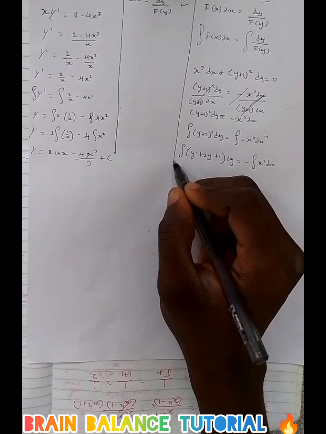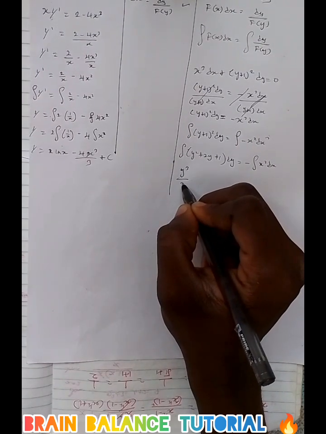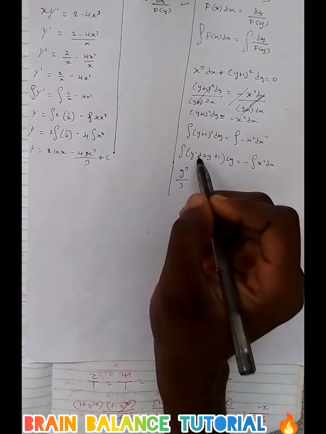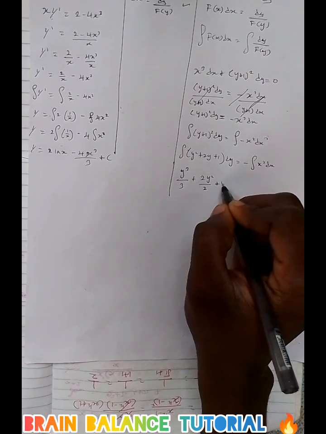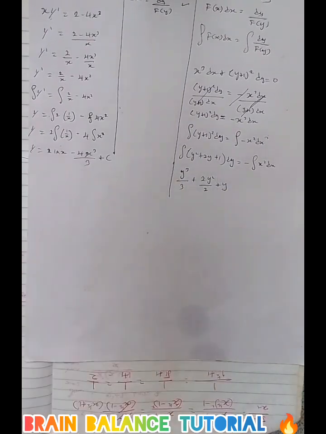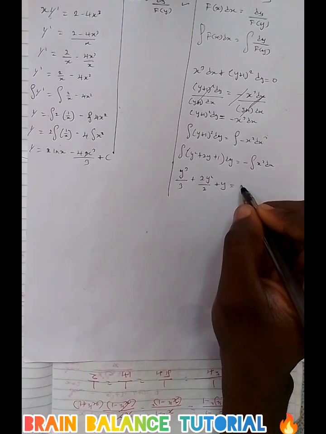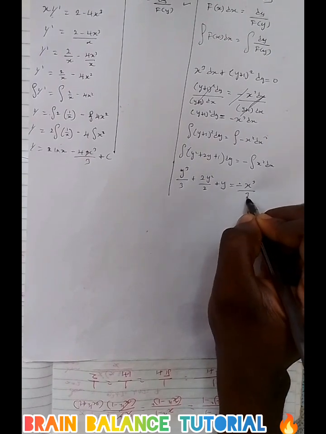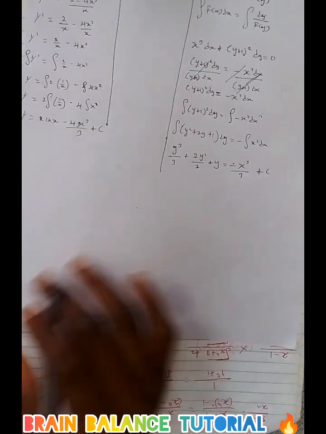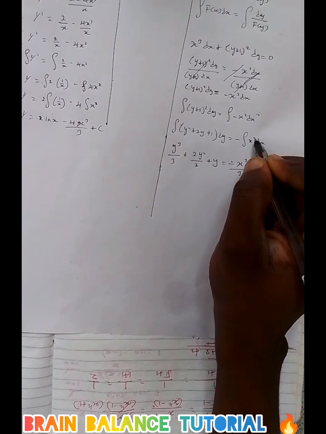So you have this as y raised to power 3 over 3, do not forget, plus 2y raised to power 2 over 2, do not forget that also, plus y, that is the law for it. Okay, so equals to, you have this as negative x raised to power 3 over what? 3 plus your constant.